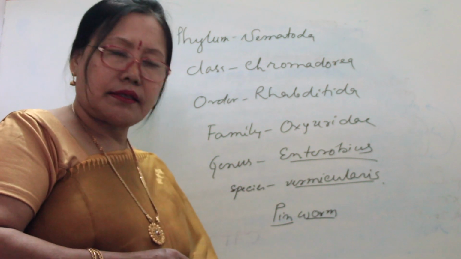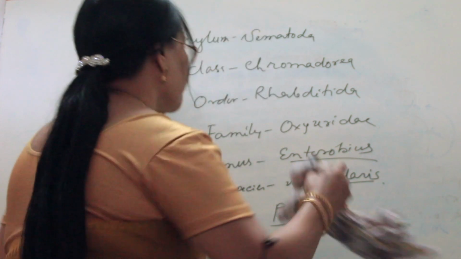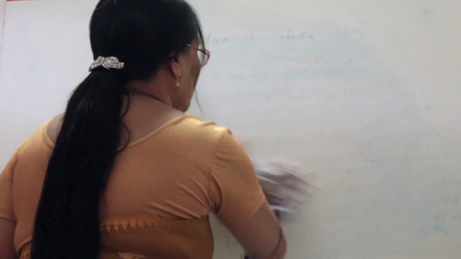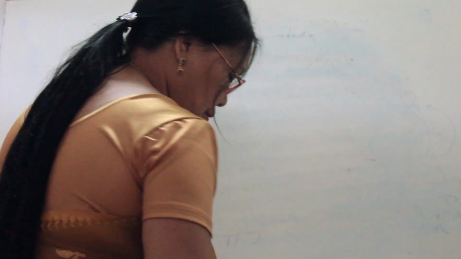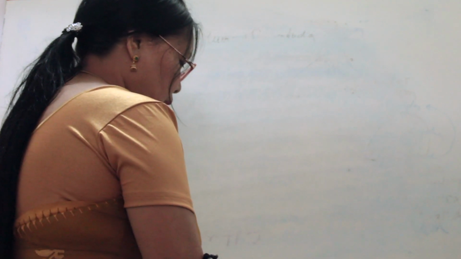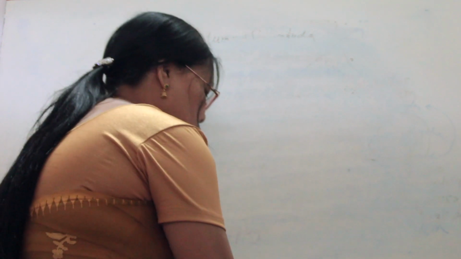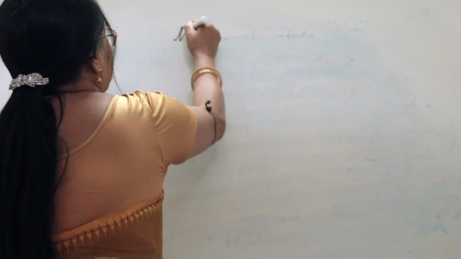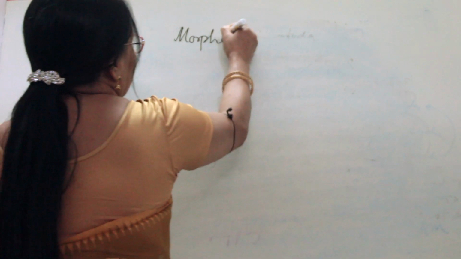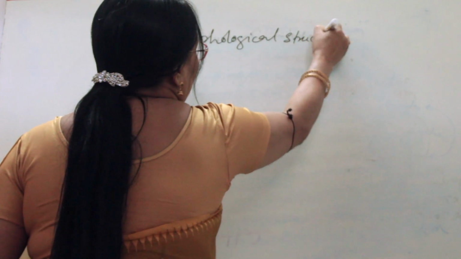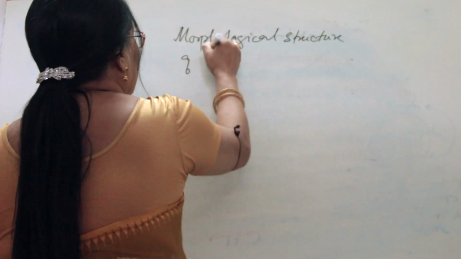Then the next is the morphology. Usually, these endoparasitic nematodes are very small in size, that's why we call it pinworm. So, what is the morphological structure of pinworm?